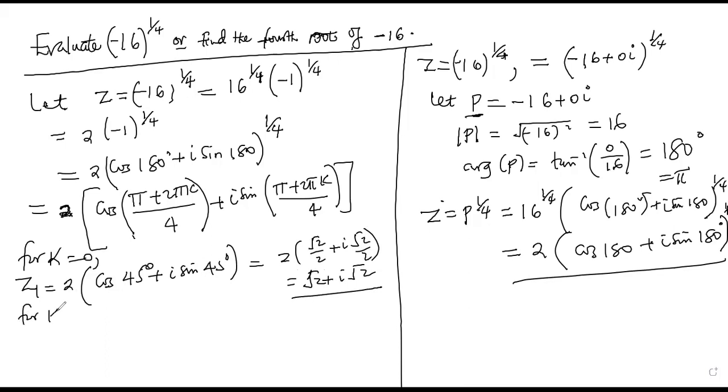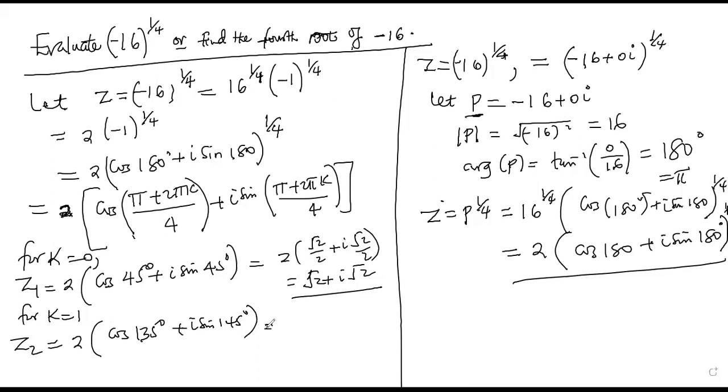Then for k equal to 1, you'll get z2. Z2 will be 2 into, let's take pi as 180. Now k is 1, then we divide by 4. So it will be cos 135 plus i sine 135 degrees.